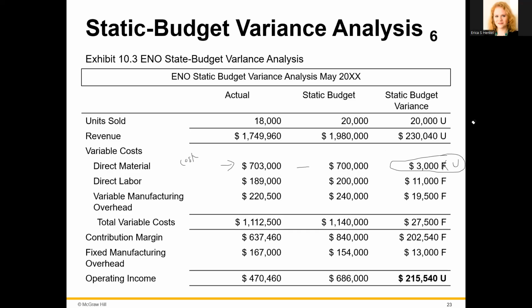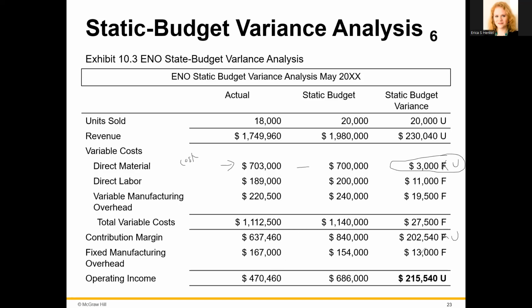Now here, this is unfavorable. They sold less than anticipated. Here they had higher costs than anticipated, so that one is unfavorable. Here they're lower, so that's favorable. Down here, their contribution margin is unfavorable because in total they have less contribution margin.